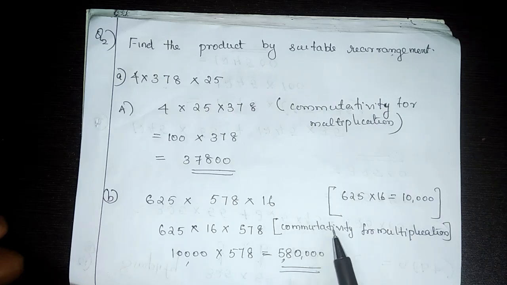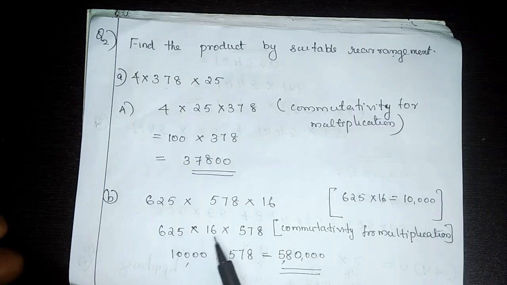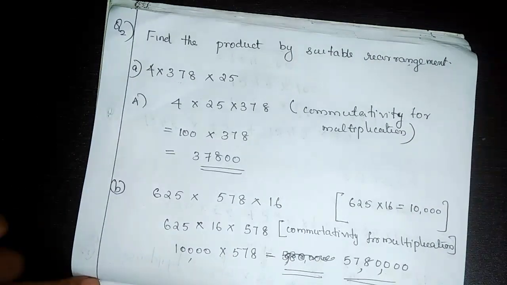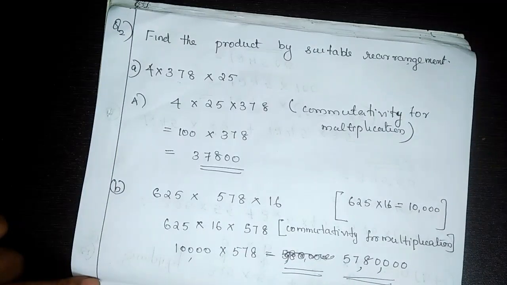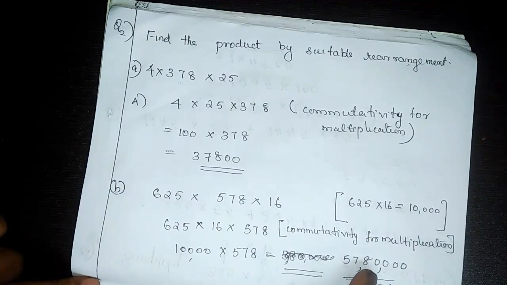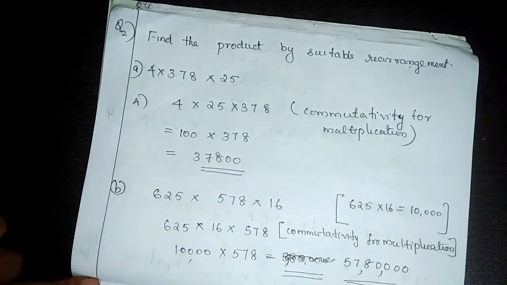So we used commutativity for multiplication. So this became 10,000 into 578. So you will get the required answer, 57,80,000.